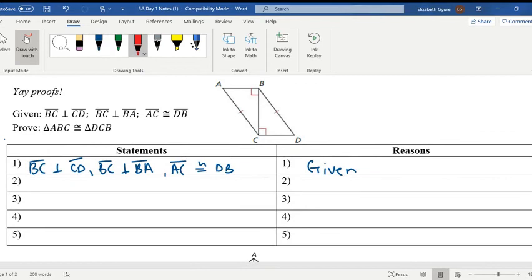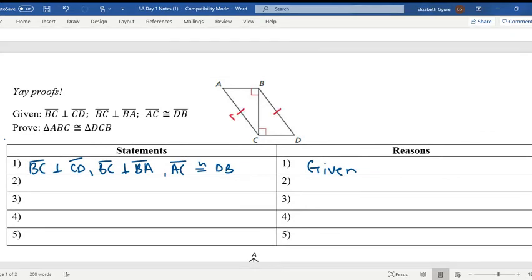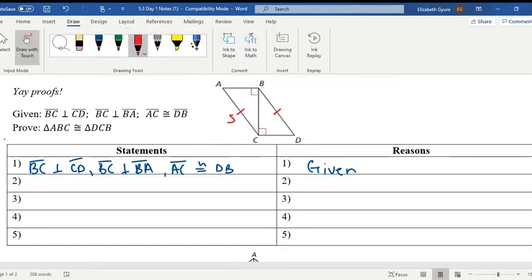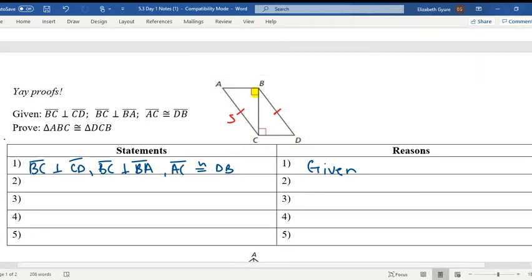Based on what we're given, I see a set of congruent sides. So that's good, we can use that. And then don't we also have a set of right angles here? If we have perpendicular lines, don't perpendicular lines make right angles? Yes, no, maybe? Do we remember that?